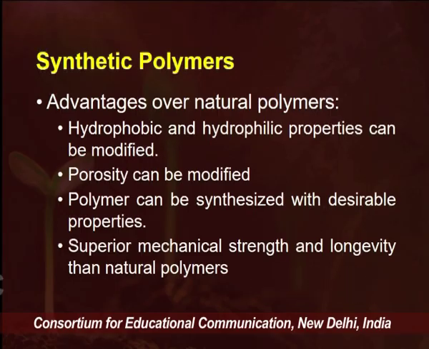Since we are synthesizing these polymers, we can always play with their chemical structure in order to get the desired properties. Likewise, the porosity of these polymer gels can also be modified. These synthetic polymers also have superior mechanical strength and longevity in comparison to the natural polymers.